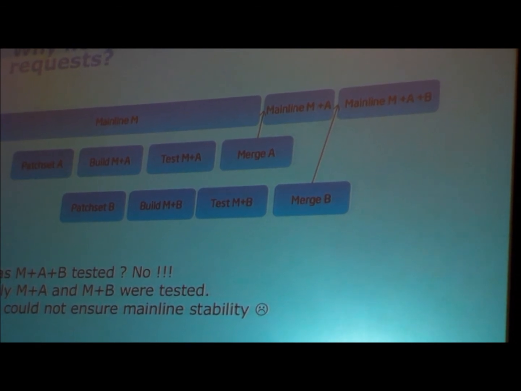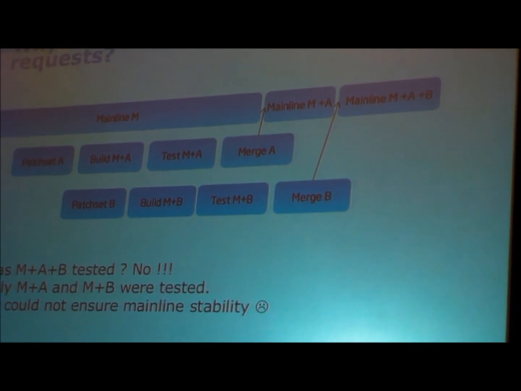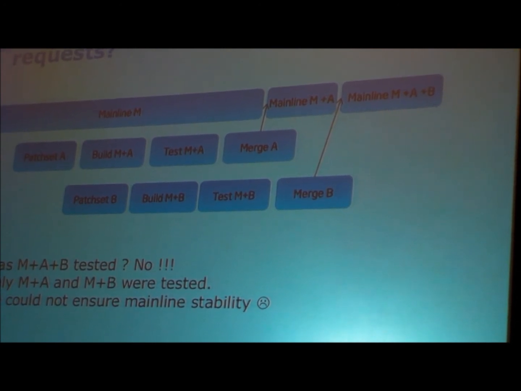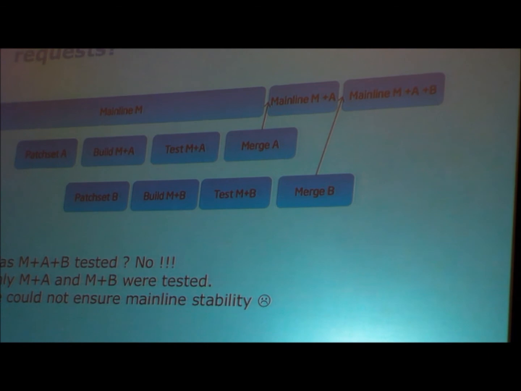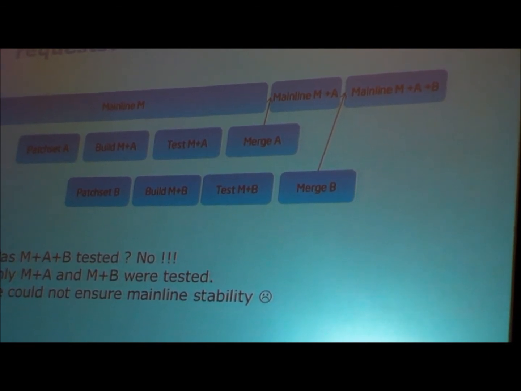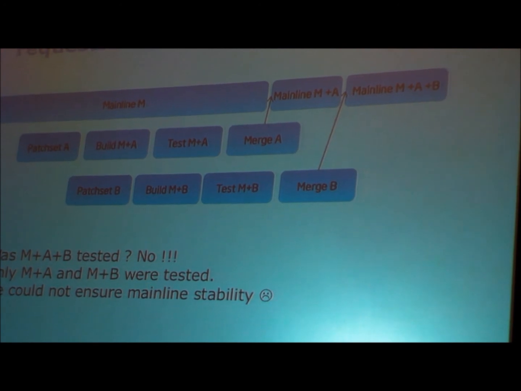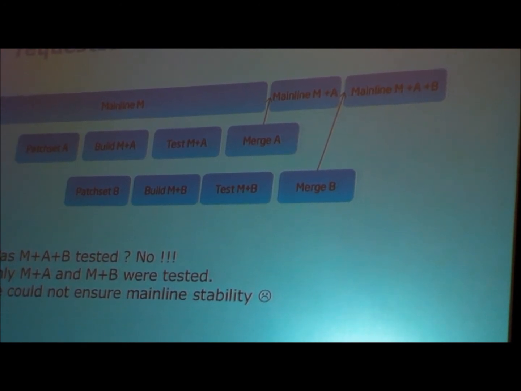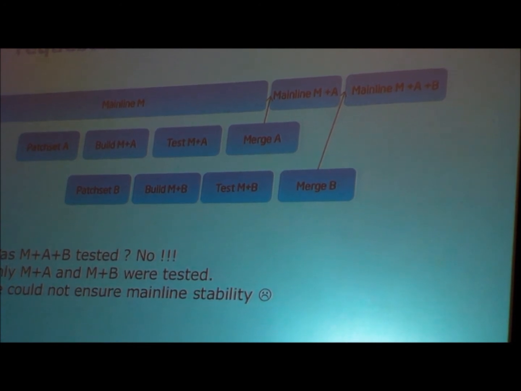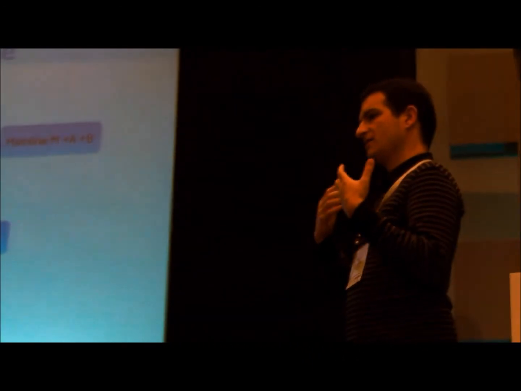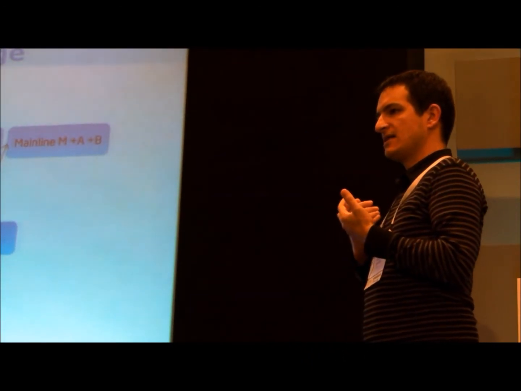Okay? And if you were doing parallelized merges, mainline is M plus A when the merge A is done, and when you merge B, you will have mainline which is M plus A plus B. But what you actually tested is M plus A and M plus B, but you never tested M plus A plus B. That means if there is a conflict between A and B, then you are screwed and your mainline is not stable anymore.